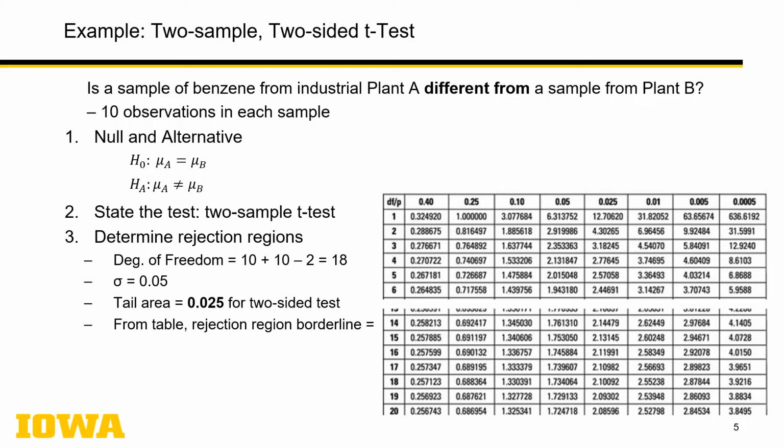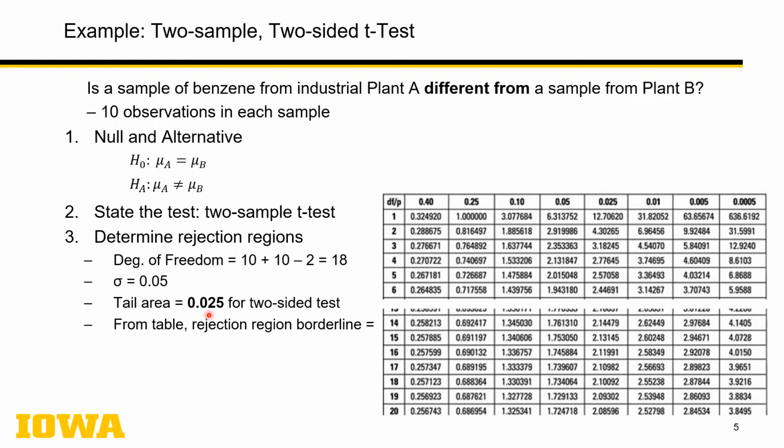Okay, so for example, is a sample of benzene from industrial plant A different from a sample from plant B? Again, we have 10 observations in each sample. We have the null and alternative established, and we state that this is going to be a two-sample t-test, and we're going to determine the rejection region now. Again, we have degrees of freedom of 10 plus 10 minus 2, which equals 18, and alpha 0.05.